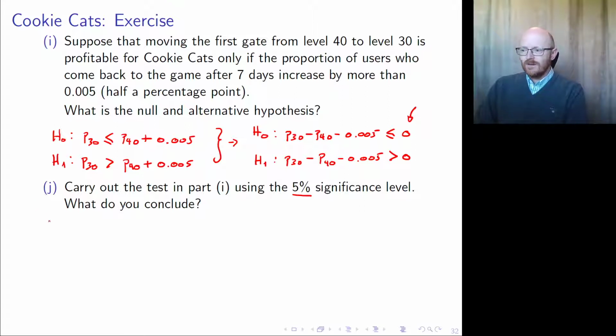Okay, so that's when we need to calculate the z-stat. And how do we do that?